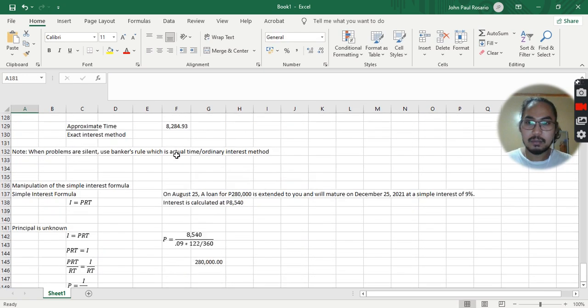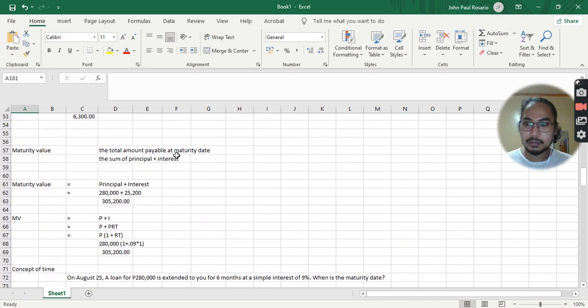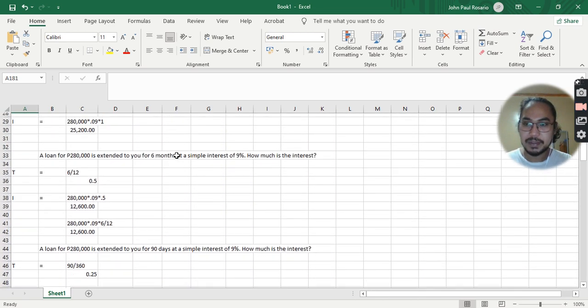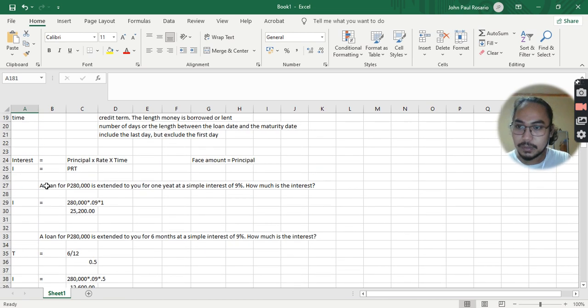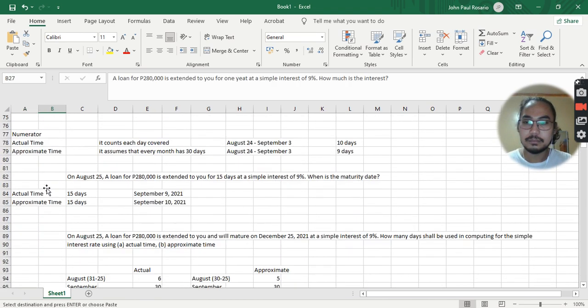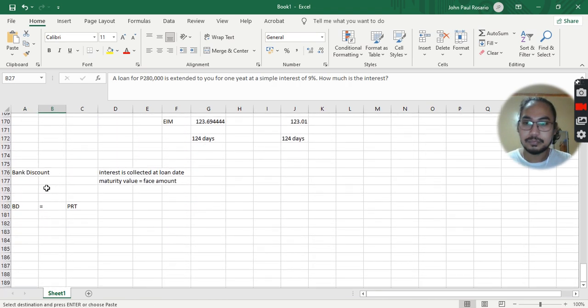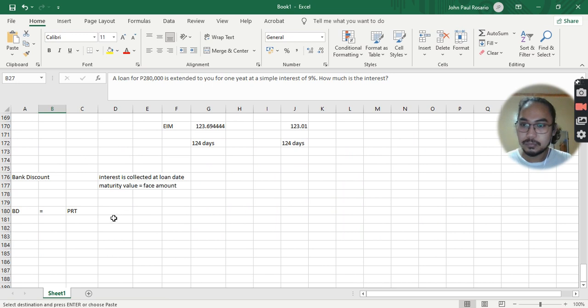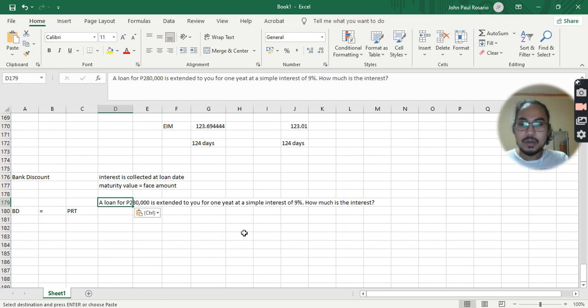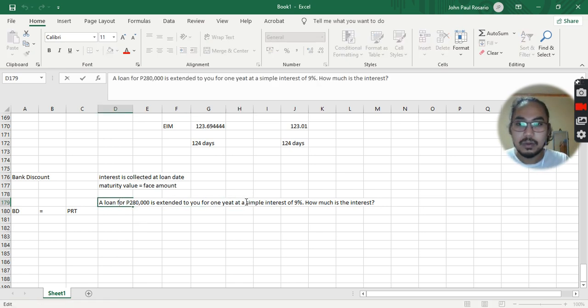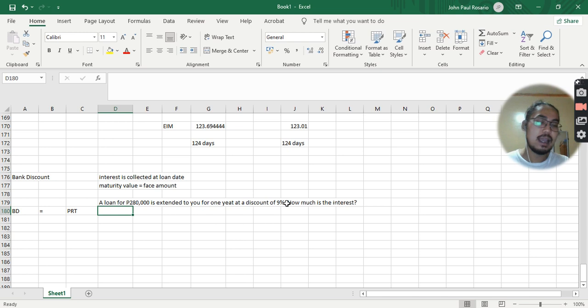Okay? So, for example, let's go back to our example here at the start to see the difference. This one. A loan for you is extended to you for 1 year at a discount of 9%.